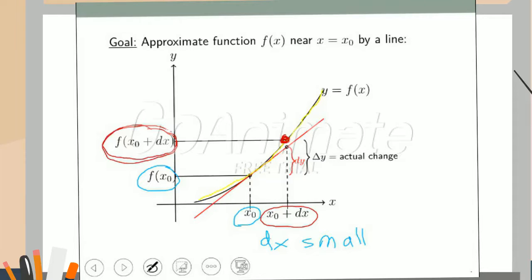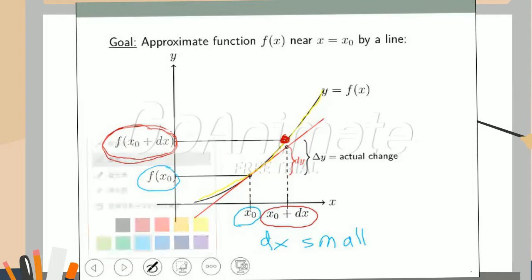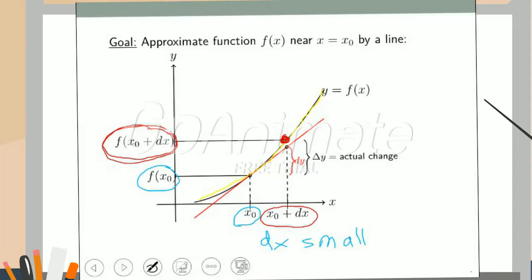So if we know that and we know the derivative, then we can draw the tangent line to the function at x naught, which I'll color in. Okay, so this green line. And what you can see is that the green line is very close to the yellow function, the actual function value.